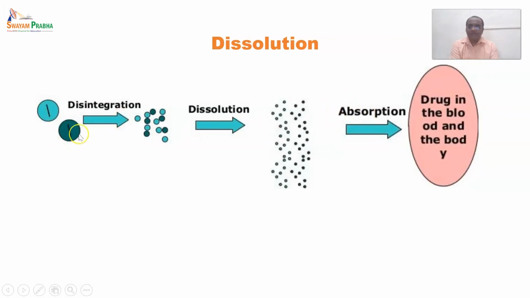That is why it is in the form of a dosage form. So these are two crucial stages, and these are in-process quality control parameters for designing of a dosage form: at what time it disintegrates and at what time it dissolves. These are two in-process quality control tests for dosage forms, and after that it will show an action.